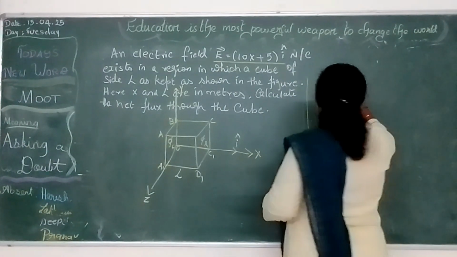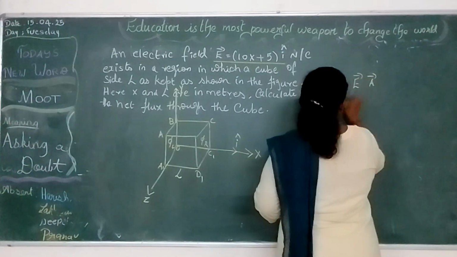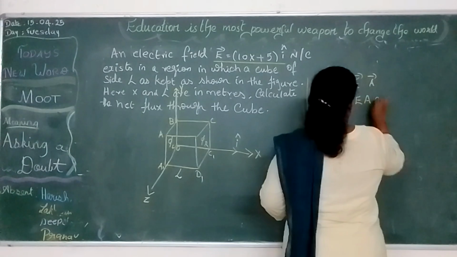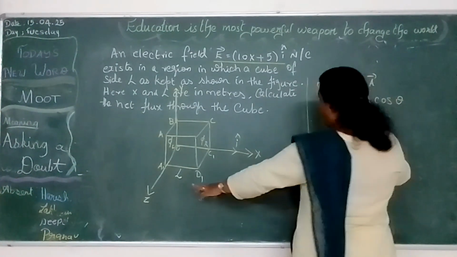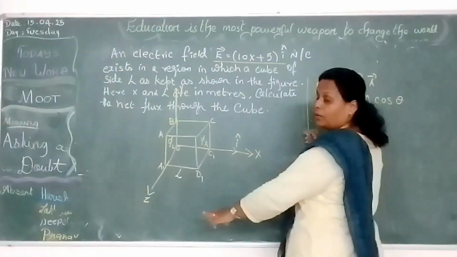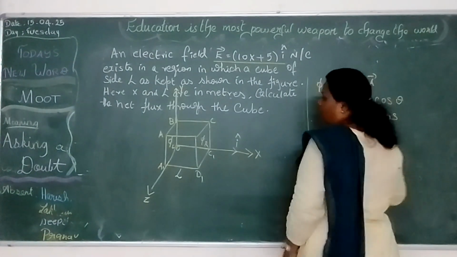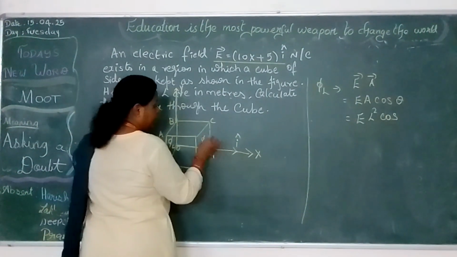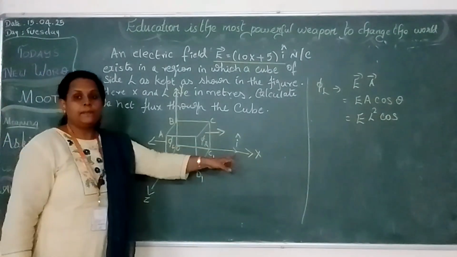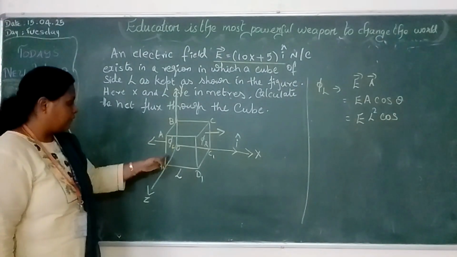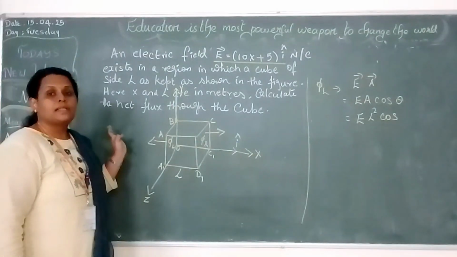Let me write E vector dot A vector equals E A cos theta, where A is side square, L square, for this face. For the left face, the electric field is in the i cap direction, towards the right, but the area vector, drawn as a normal from the face, points towards the left.